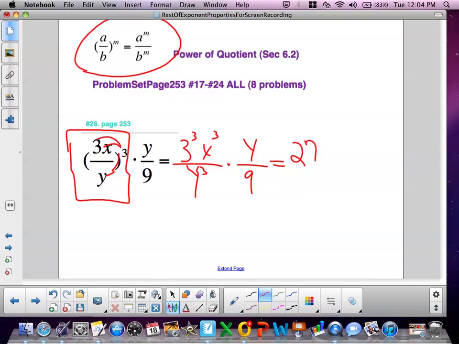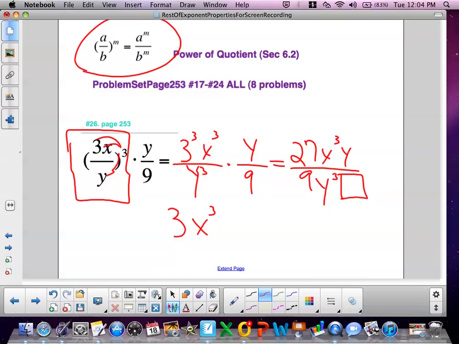My numerator becomes 27x cubed y, and my denominator is 9y cubed. 27 divided by 9 is 3. I have no x terms in the denominator for canceling. I don't have any x's here, so x cubed remains in the numerator.